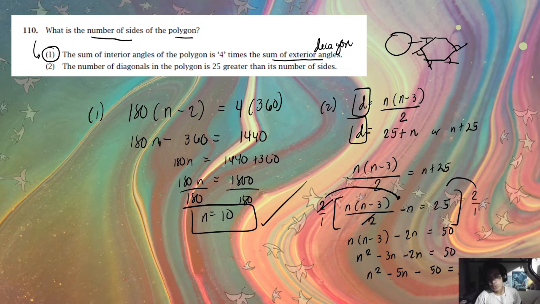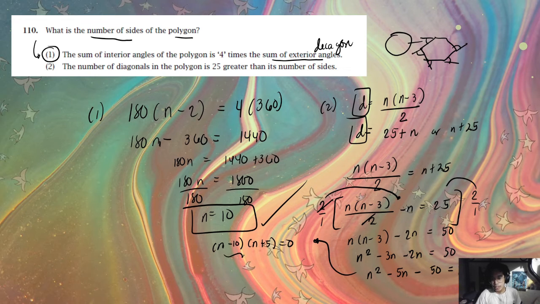Now, how can we factor this trinomial into two binomials? We can use the quadratic equation, but as we can see here, this is factorable. So if we're going to draw a solution for it, it could be that we have n minus 10 times n plus 5 is equal to 0.